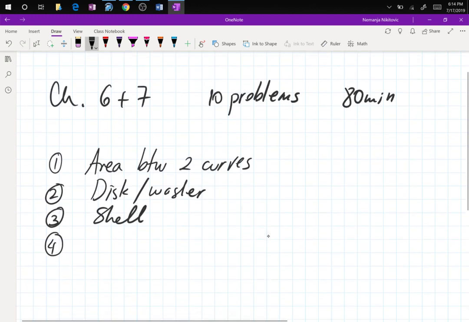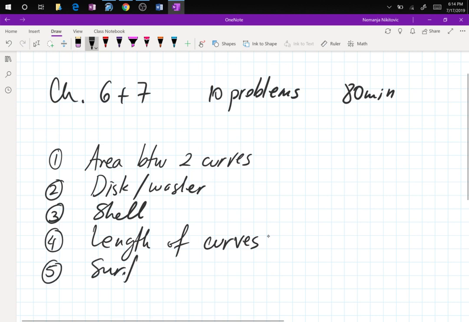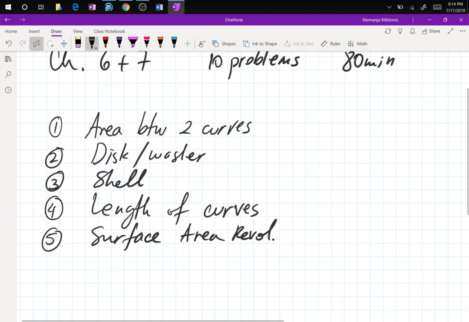After that, we have length of curves. Number 5, surface area of revolution. Number 6. So what else is cool?